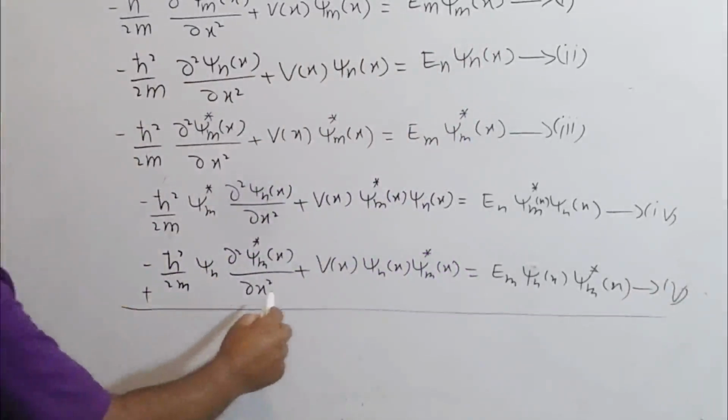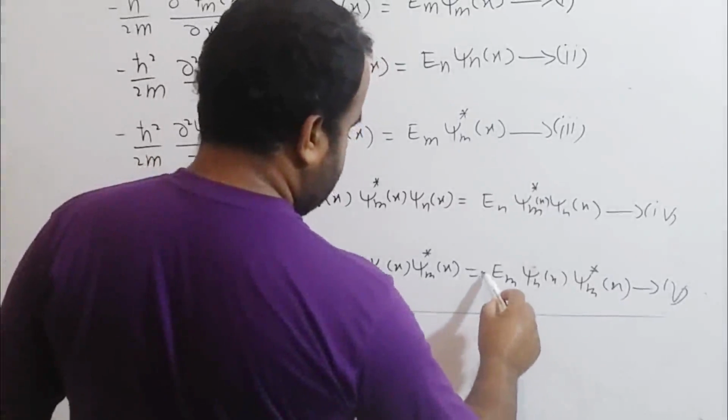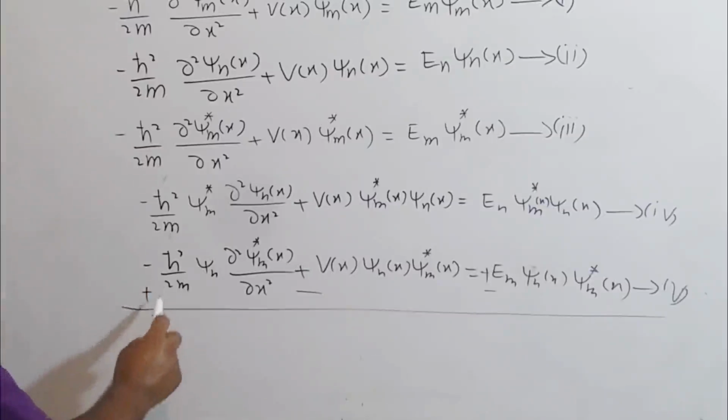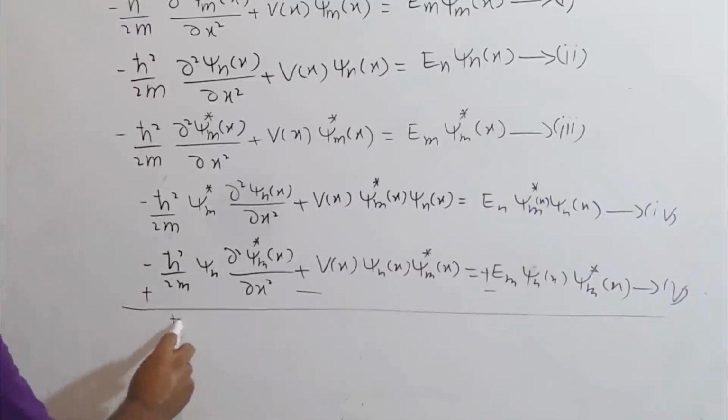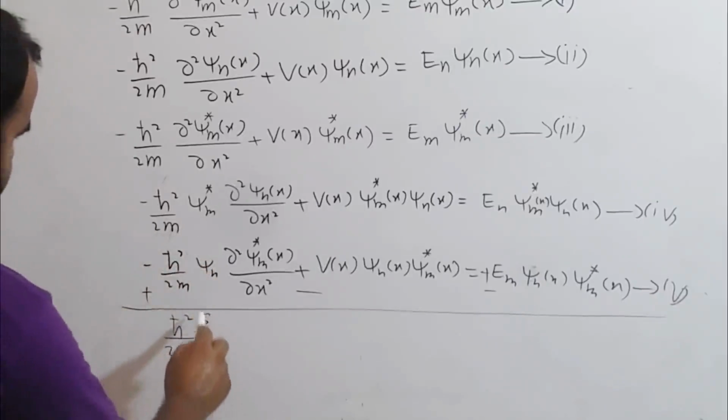Minus plus minus, this is plus, so it will be minus. Okay, so when we write these equations, ħ² over 2m is common, ħ² divided by 2m is common, then we write ψn.